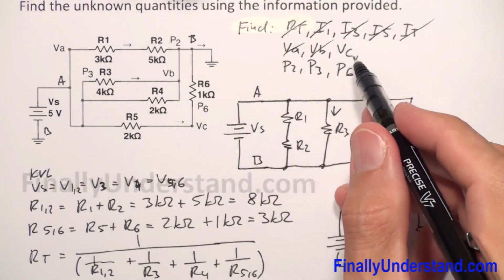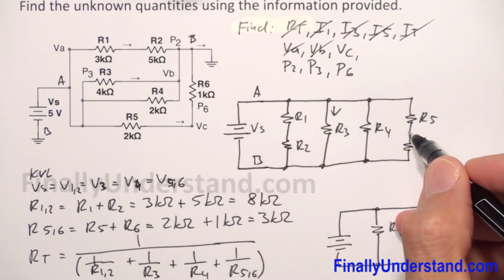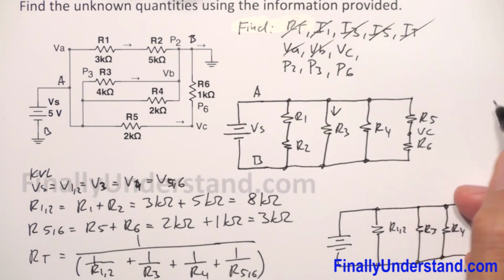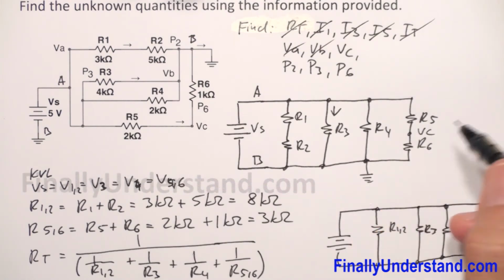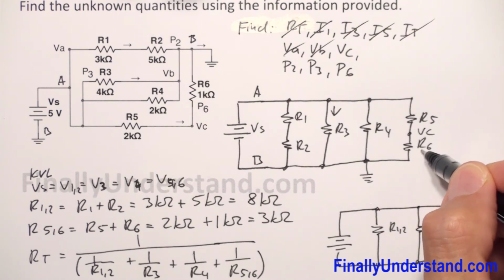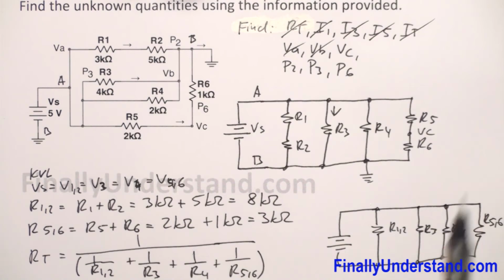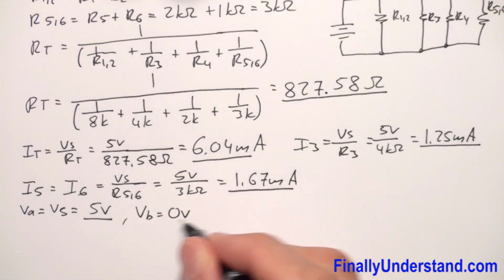VC is the voltage over here. VC is the voltage between this point and ground. So this is nothing else but the voltage across resistor R6, VR6. I'm going to use Ohm's law.